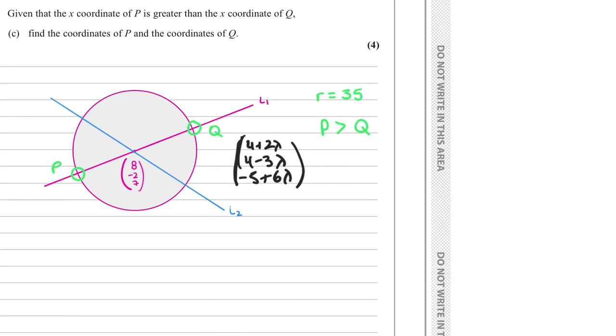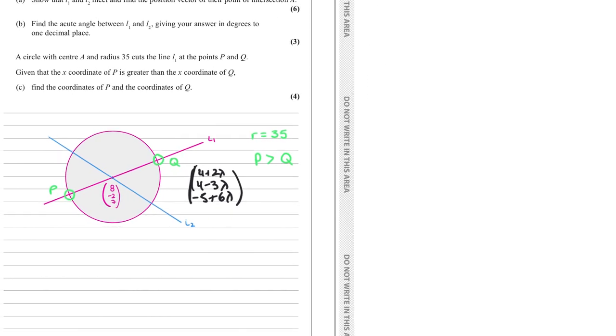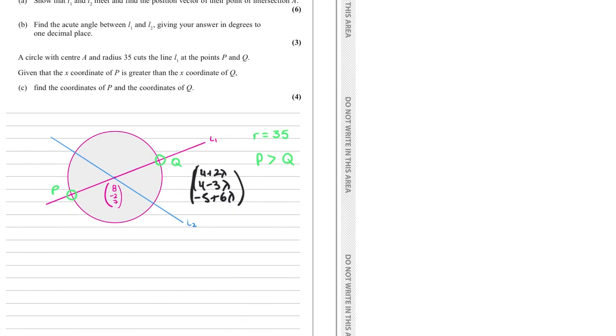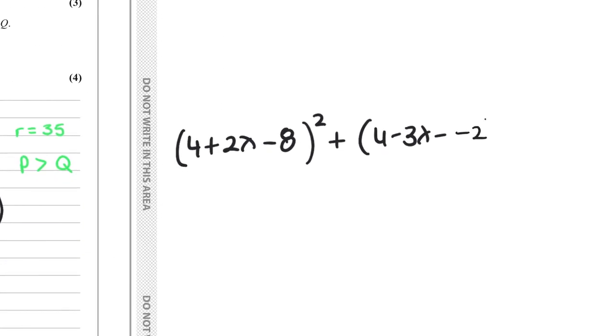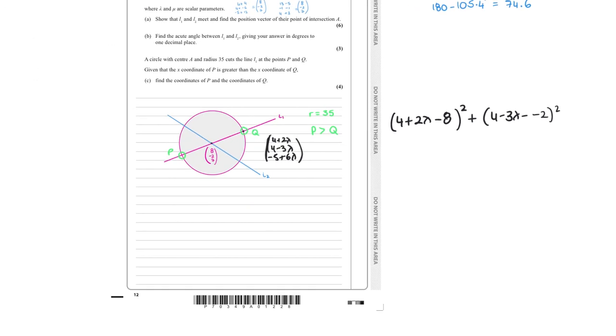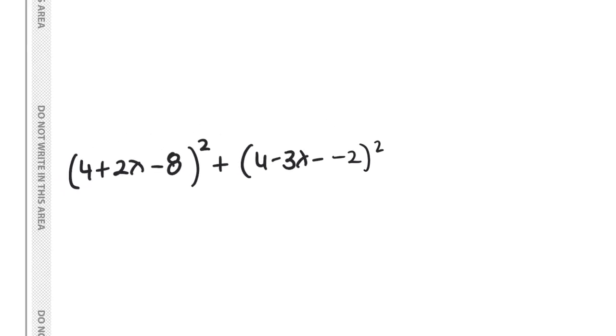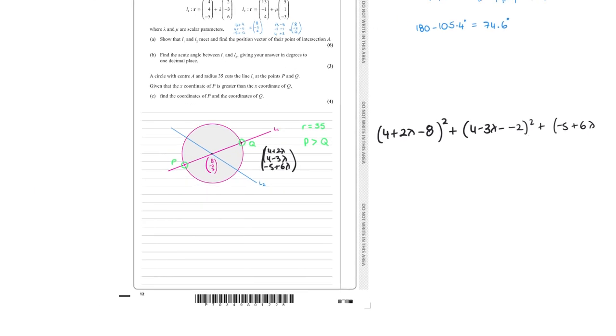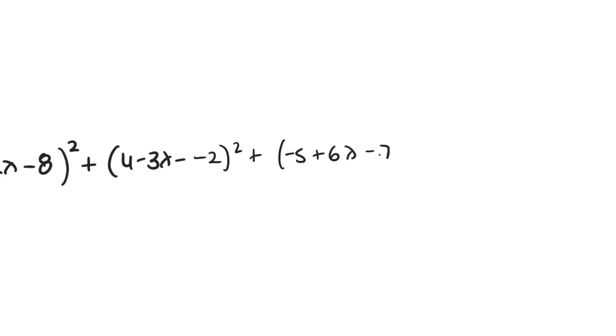Okay, and if we know that the radius, the length, is root 35, technically, that means the point Q to the point A. So we're going to get 4 plus 2 lambda minus 8 squared plus 4 minus 3 lambda minus 2 squared, and then minus 5 plus 6 lambda minus 7 squared.